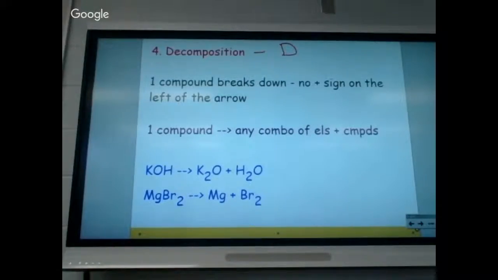I'll tell you this: if I only ask for type, then I usually don't ask for balance. But all of the ones down here at the bottom of the board where it says predict the products, you have to write the equation. Yes, you have to balance all of those, because you're writing the reaction. So they have to be balanced.